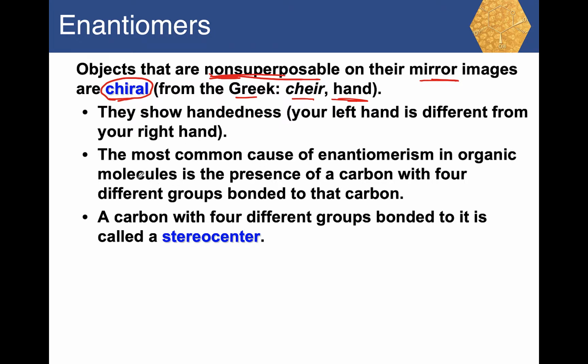Okay, let's go through these. There's a stereogenic center in a chiral molecule. Remember here, stereogenic center means that there are 4 different groups bonded to a carbon.